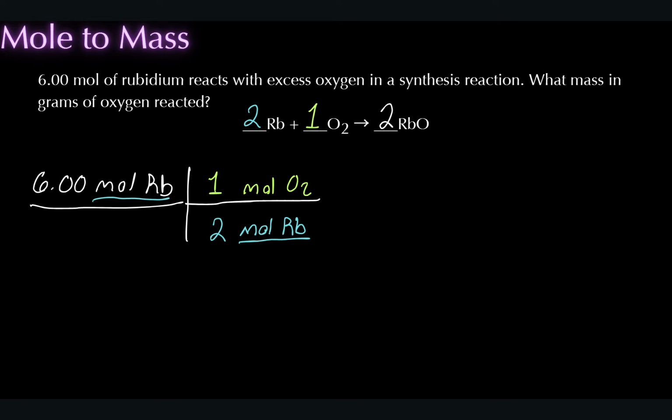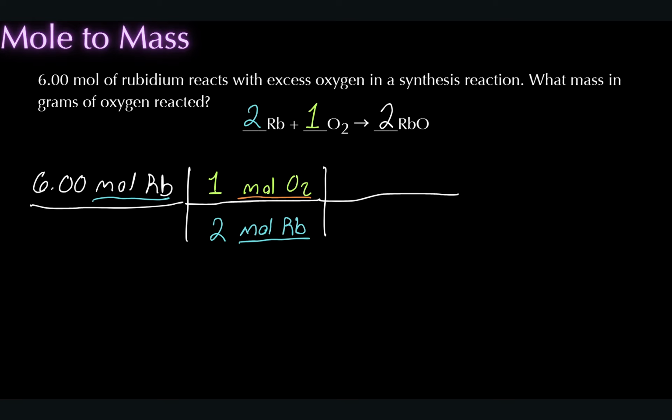Now, if I end here, I'm going to end in that mole of O2. The question is asking for the mass, so we're trying to find the grams of our O2. Because of this, we are going to expand the chart one more time. I have the mole of O2 on top.